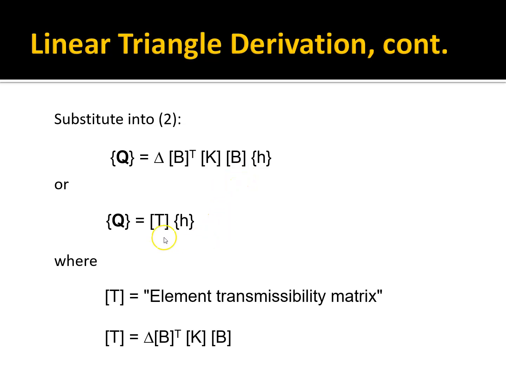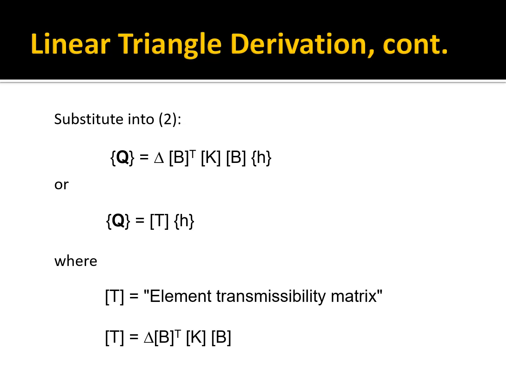And so that then combines into what we call the transmissibility matrix, like we saw before, where T is equal to delta B transpose K times B. So those may look complicated, but you write a function or a subroutine that formulates that one element at a time.